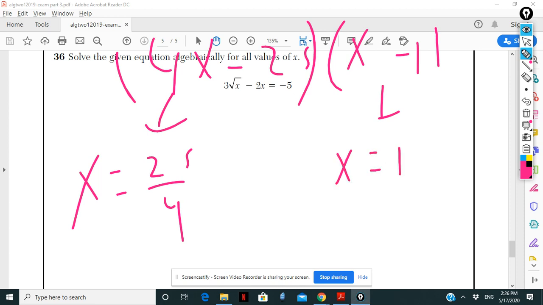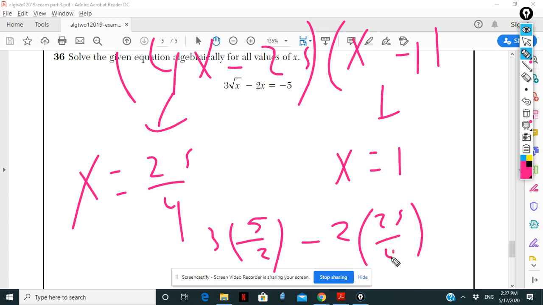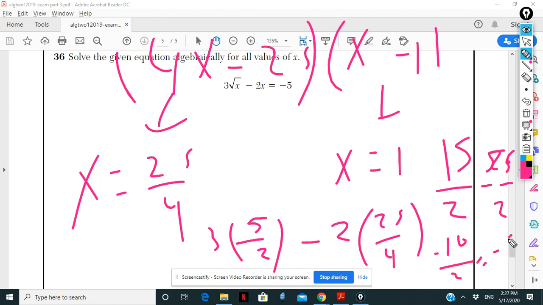Now, are both of them correct? So I'm plugging in. The square root of 25 over 4 is 5 over 2, multiplied by 3, minus 2 multiplied by 25 over 4. So it's going to be 15 over 2 minus 25 over 2, giving me negative 10 over 2, giving me negative 5.